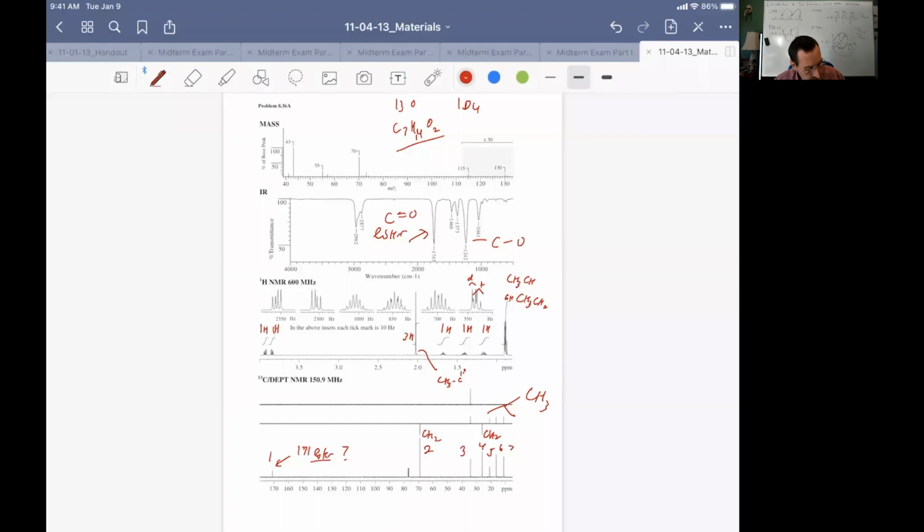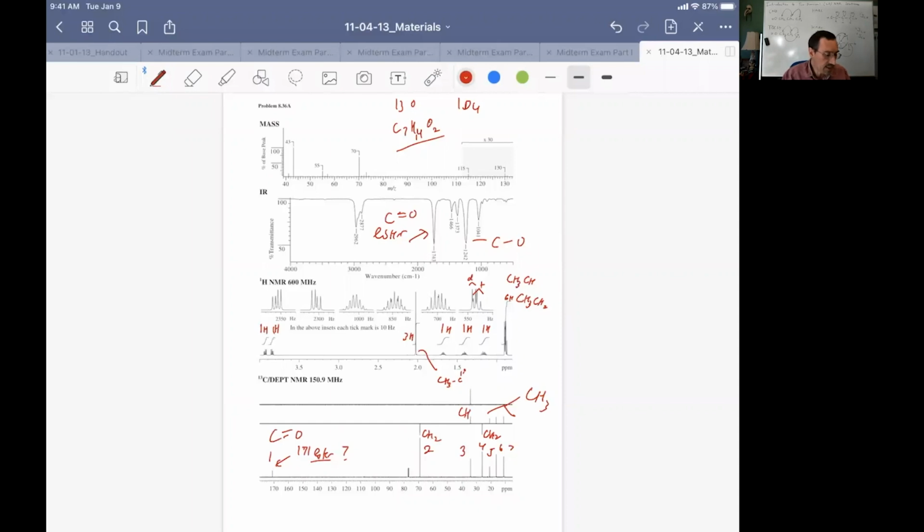You know that you have a CH in the molecule. And you know that you have a carbonyl or at least a quat in the molecule. So you could probably piece this together just from the information you have here. But I want to show you how to do it analytically.